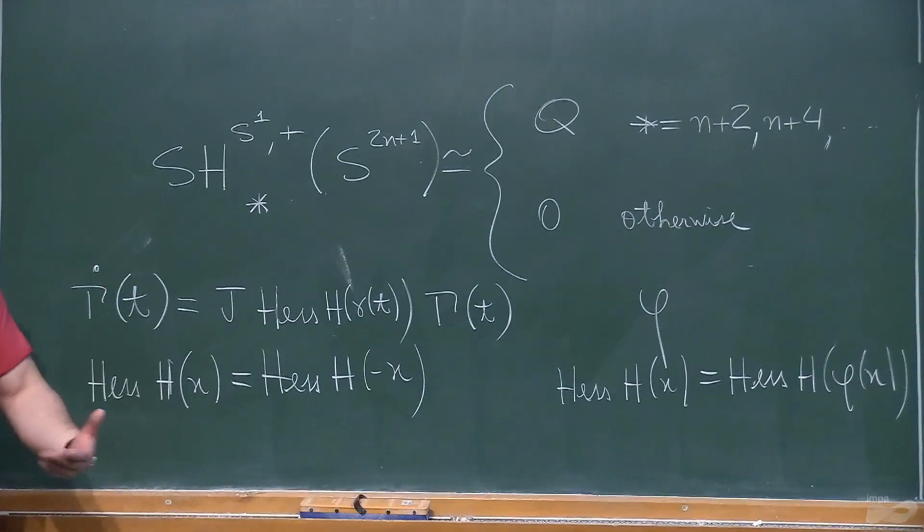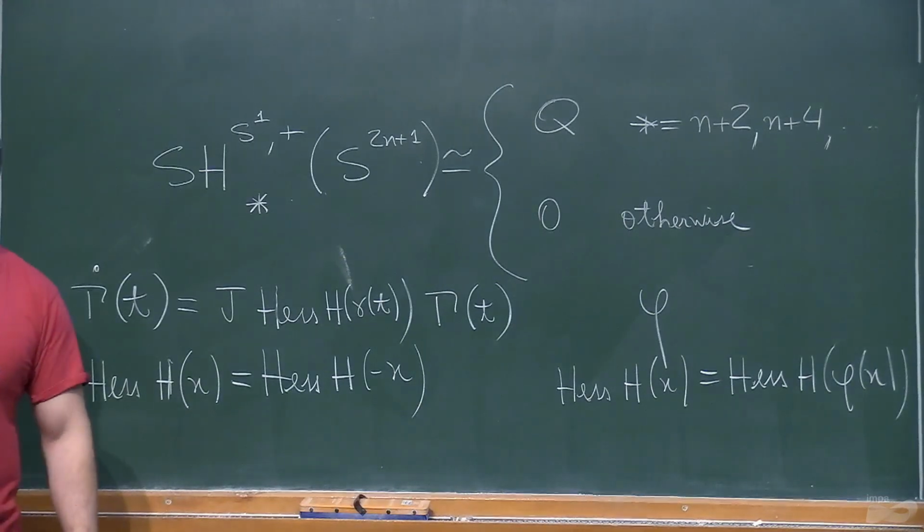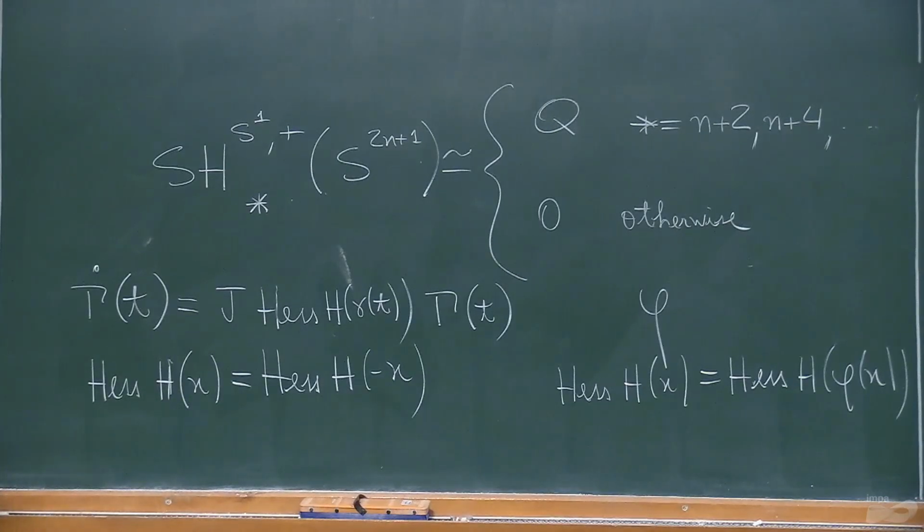It's true only for the antipodal map. So in general, when you have a Z2 action, it's not true that the linearized Hamiltonian flow along a symmetric orbit is the second iterate of the linearized Hamiltonian flow along half the orbit. That's the point.